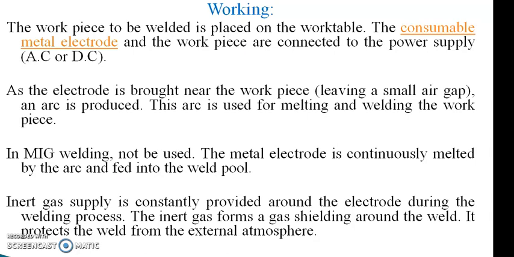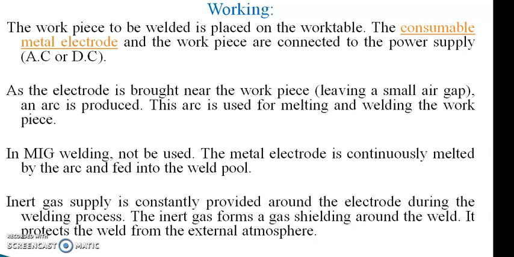As per the working principle of MIG welding, how does it work? Initially the current and shielding gas flow are switched on. Then the electrode is scratched against the job and then intentionally separated by some distance.